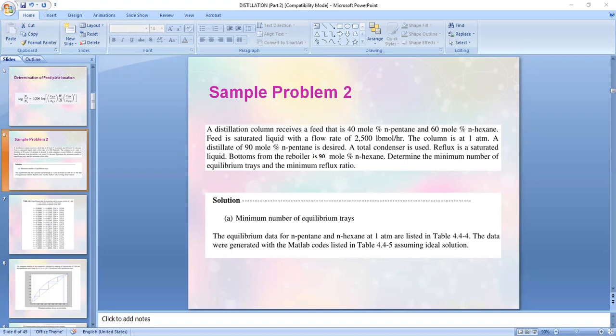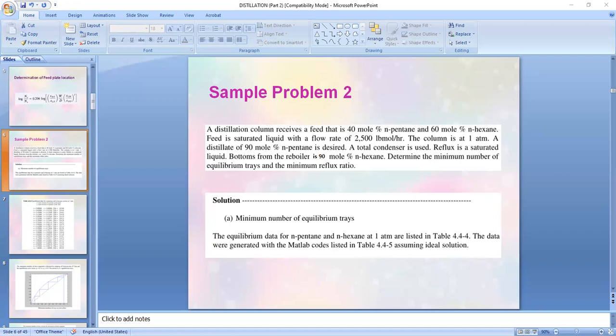A total condenser is used, meaning all vapors leaving the top of your column are condensed by your condenser. Reflux is a saturated liquid, so your vapor condensed into liquid is returned in part into the column in the form of reflux liquid.